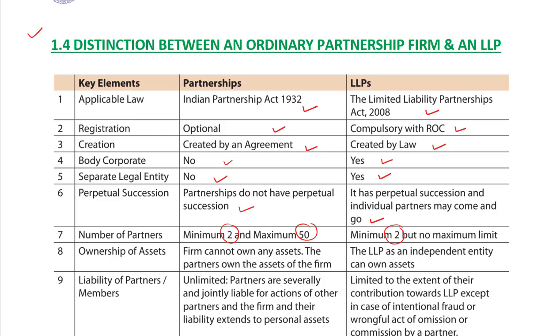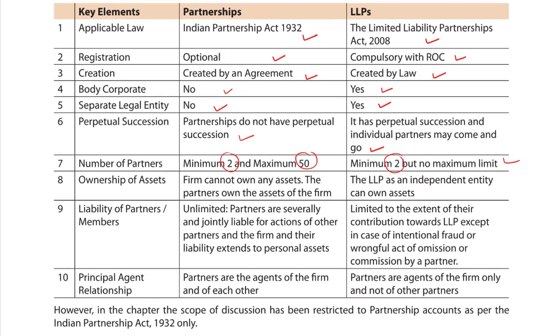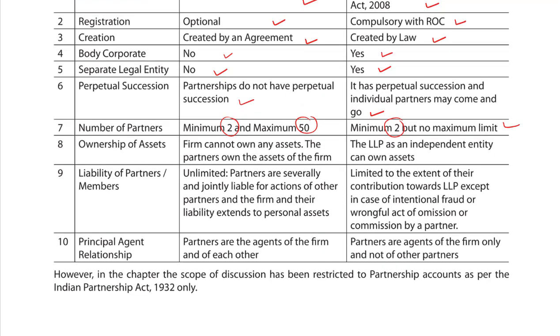Minimum 2 in case of LLP, there is no maximum limit in case of limited liability partnerships. Ownership of assets, in case of normal partnership, the firm cannot own any assets. The partners own the assets of the firm. In case of limited liability partnership, the LLP is an independent entity which can own assets.